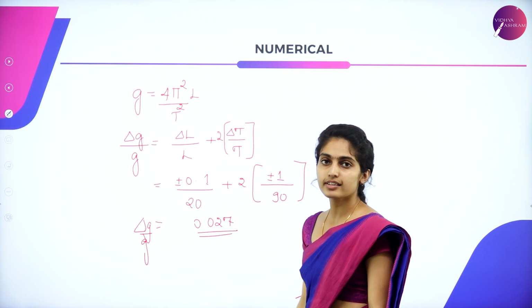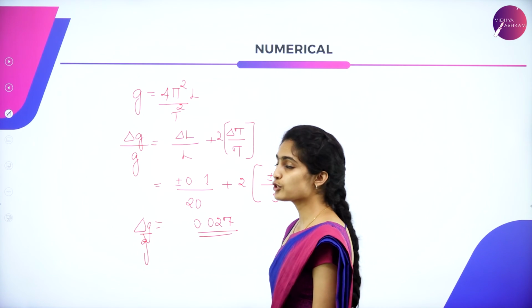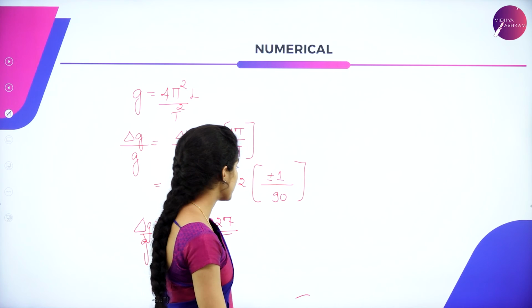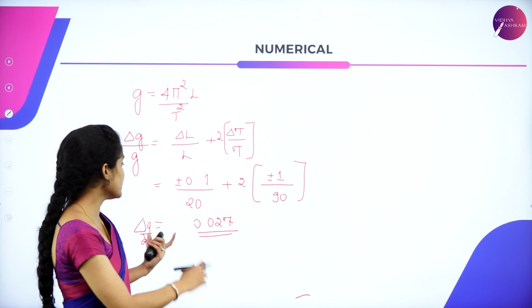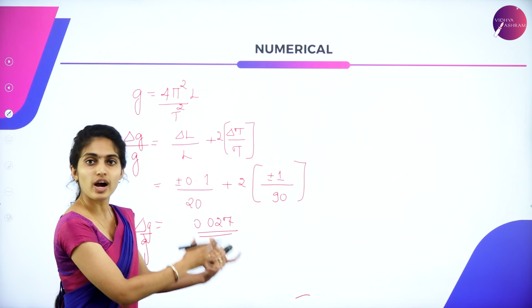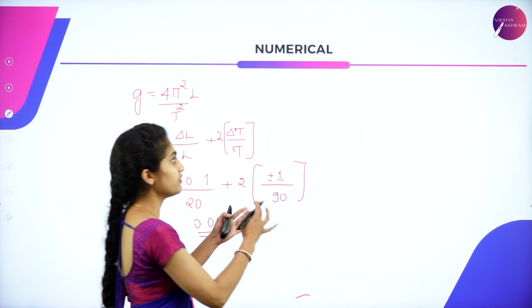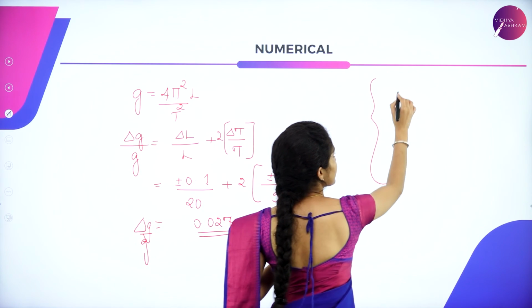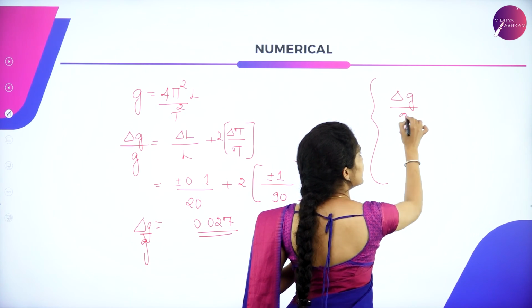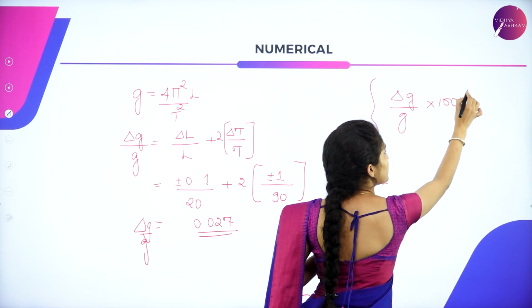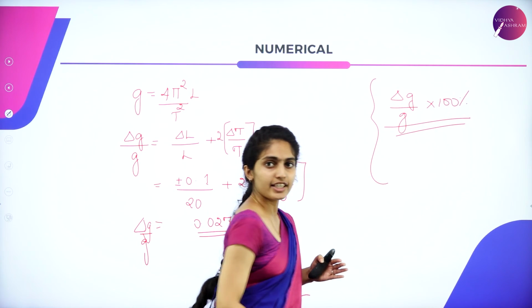So this is the relative error. We will have to calculate the percentage error of this. Percentage error is nothing but the relative error into 100. Whatever relative error you are getting here, that is delta G by G, multiplied by 100% gives you the percentage error.